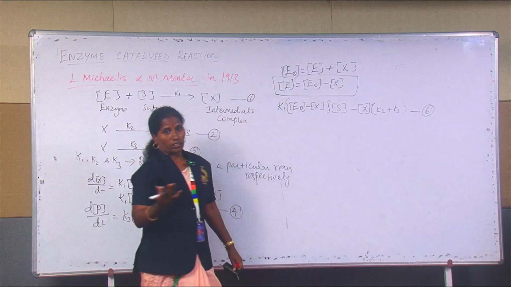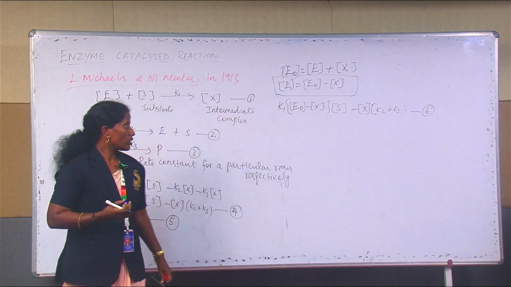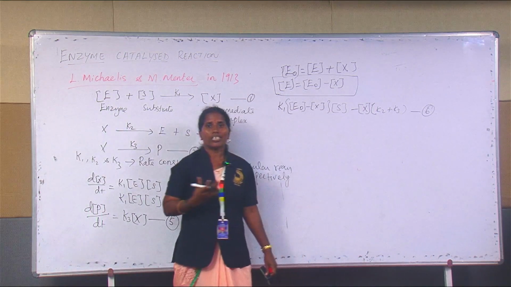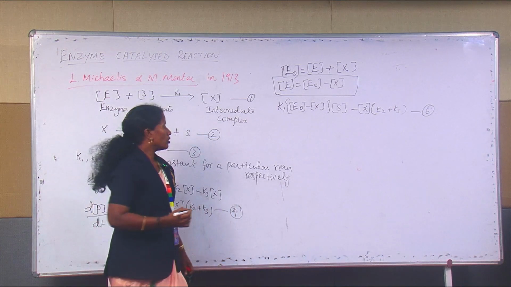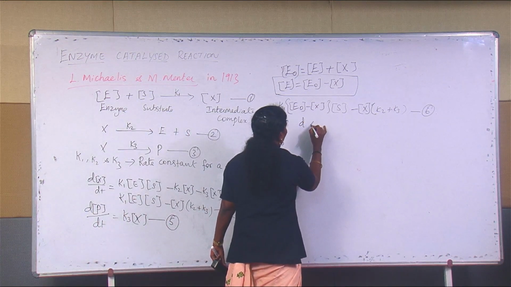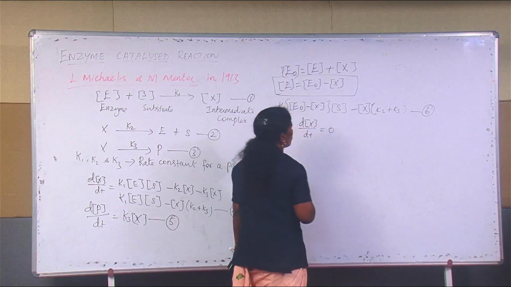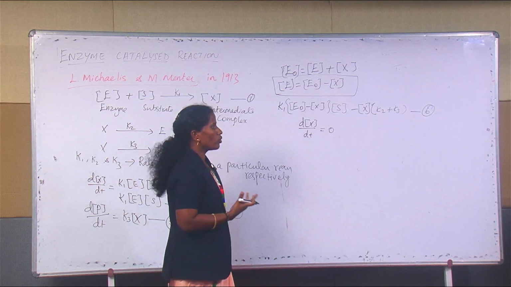The intermediate complex is unstable, so it decomposes instantaneously. So dX/dt equals 0 because it is unstable, meaning there is no net accumulation of intermediate complex.